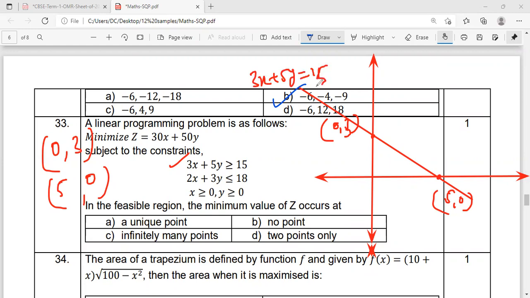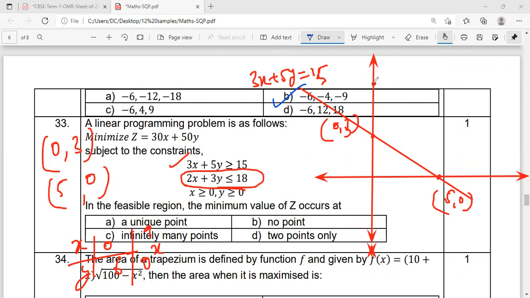And then the other line we have is this one. For this also we take x and y. For this equation, if I take x equal to 0, for example, y would be 6, and if y is 0, x would be 9. So (0, 6) should look somewhere here.